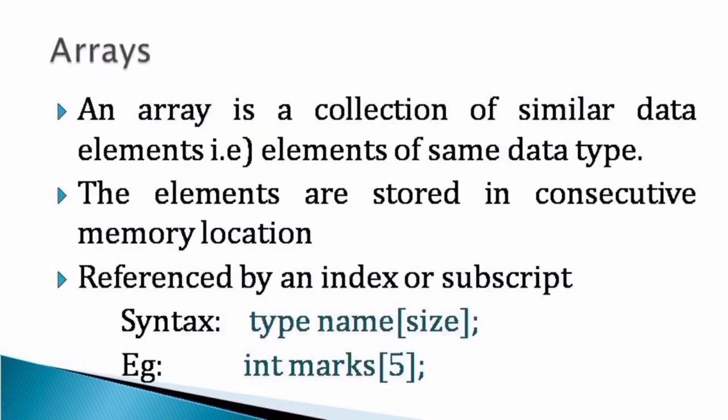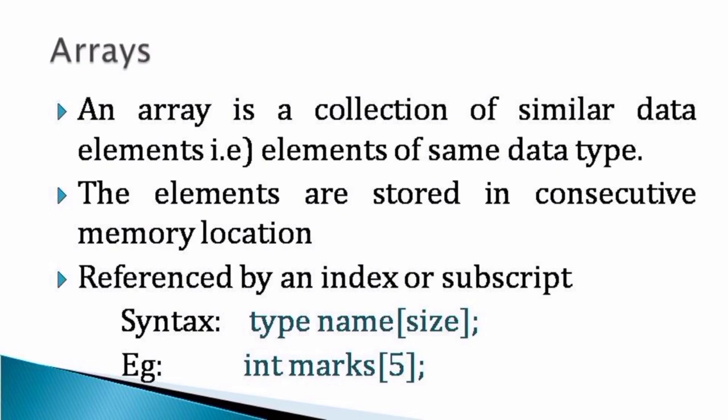An array contains a group of elements belonging to the same data type, and the elements are stored in continuous memory locations. We can refer to the array elements by using index or subscript. The array index usually starts with 0.